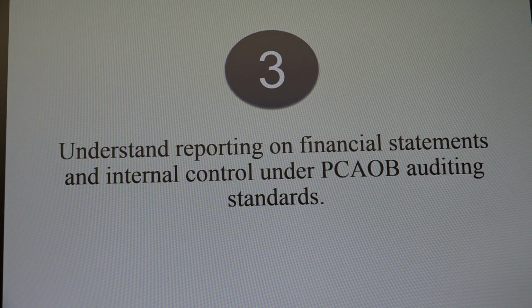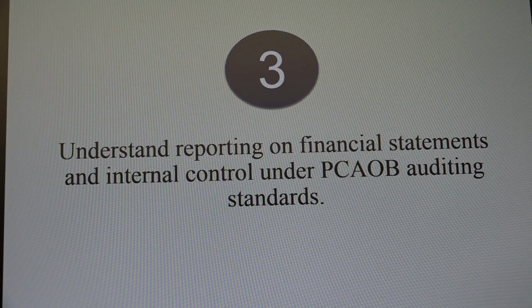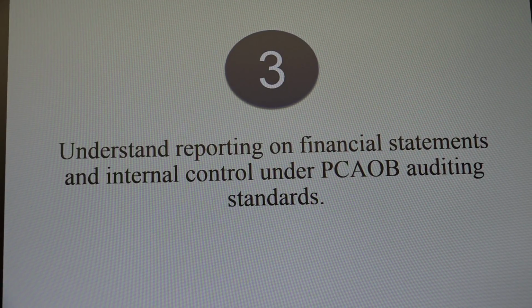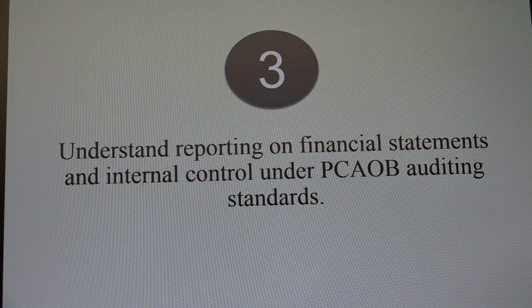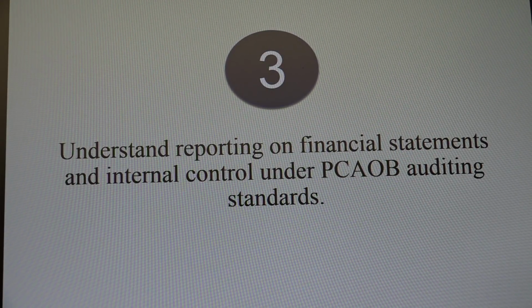Do they have to look at internal controls in determining risk and the amount of audit evidence they have to compile? Yes, absolutely. But they are not rendering an opinion on the adequacy of the company's internal controls. Completely different for public companies.